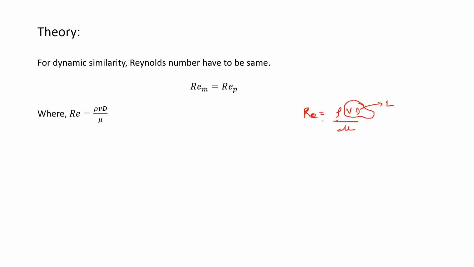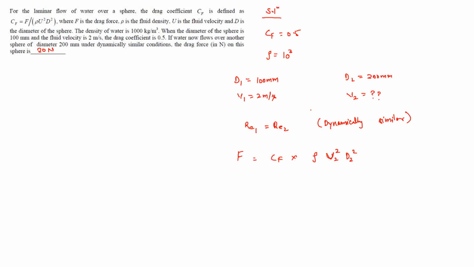Drag force can be different, but I think you're talking about this example, right? Yes, sir, we took the drag coefficient. Oh, you mean the drag coefficient, not the drag force. CF. Ah, yes, I think you are right. The drag coefficient can be different, but here they have not mentioned anything.